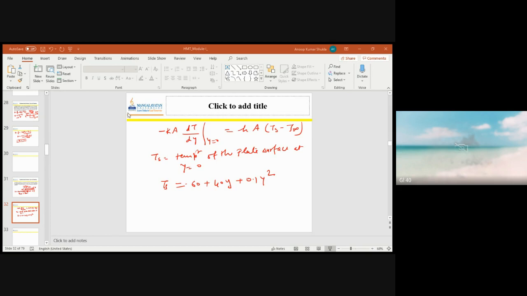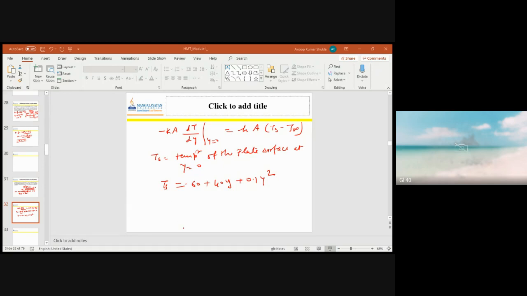So the surface temperature we calculated at y equal to 0. By this expression Ts is equal to 60 degrees, and when we put y, we will get the value of del T upon del y. We differentiate this equation.